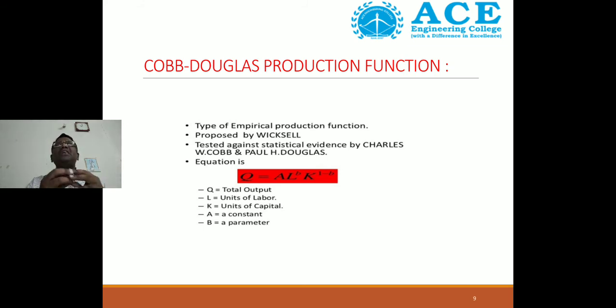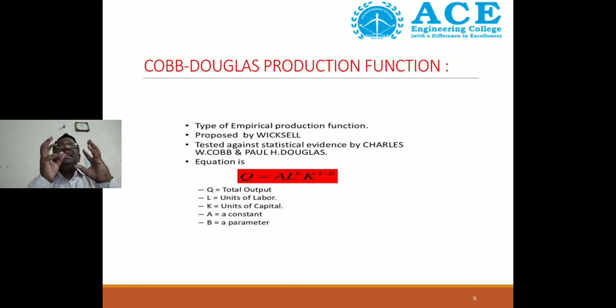So that's why the Cobb-Douglas production function is an empirical production function. Who proposed this concept? Proposed by Wicksell. And who tested it against the statistical evidence? Charles W. Cobb and Paul Douglas.